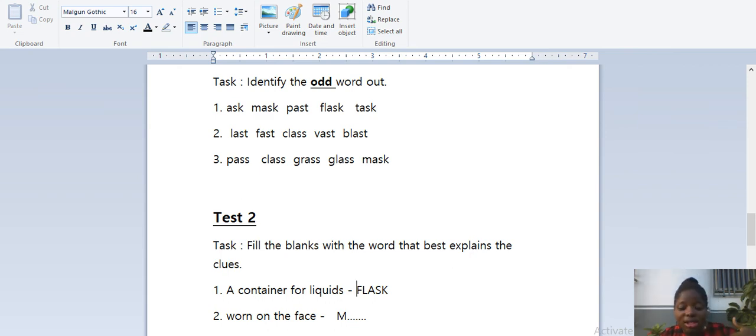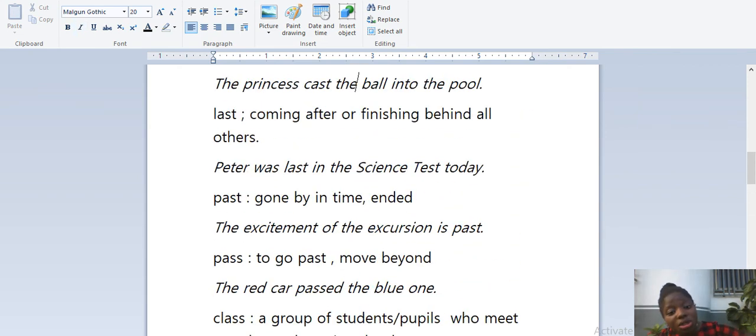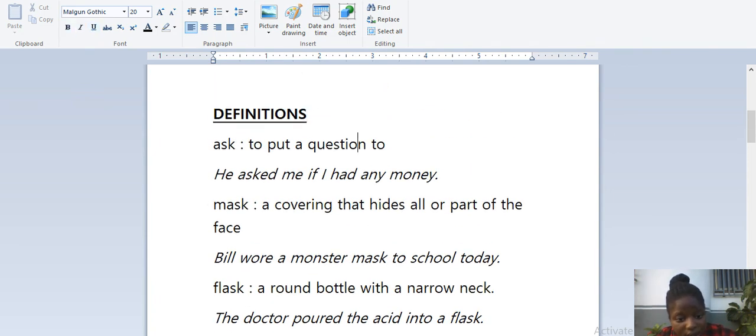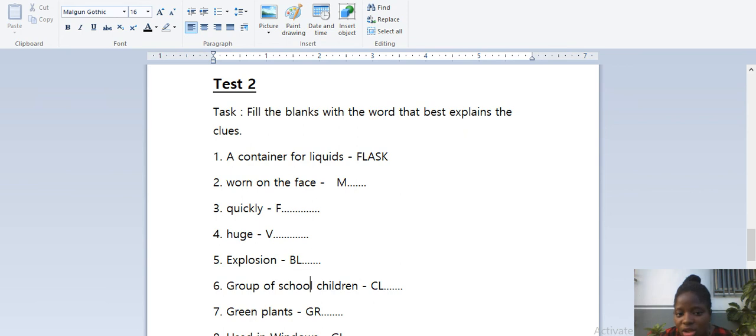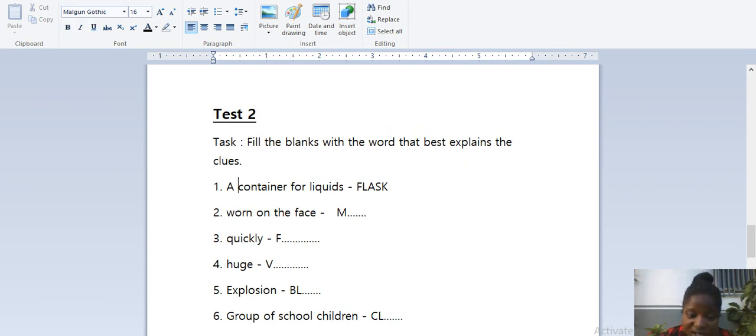All that time we were doing the definitions, we did a word that was mask, a covering that hides all or part of the face. So last time I checked, something that is one on the face that ends in ask is a mask. So let's complete that. We have mask. It's that simple. I'm sure you can all do this.